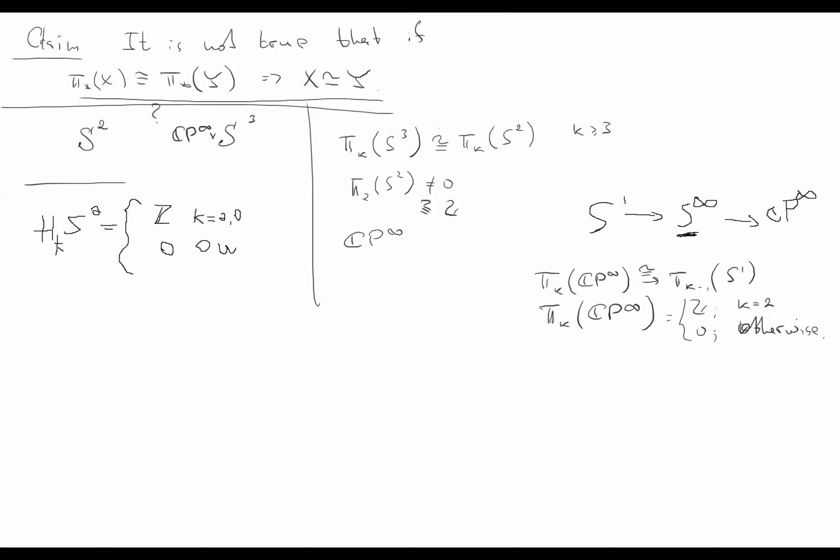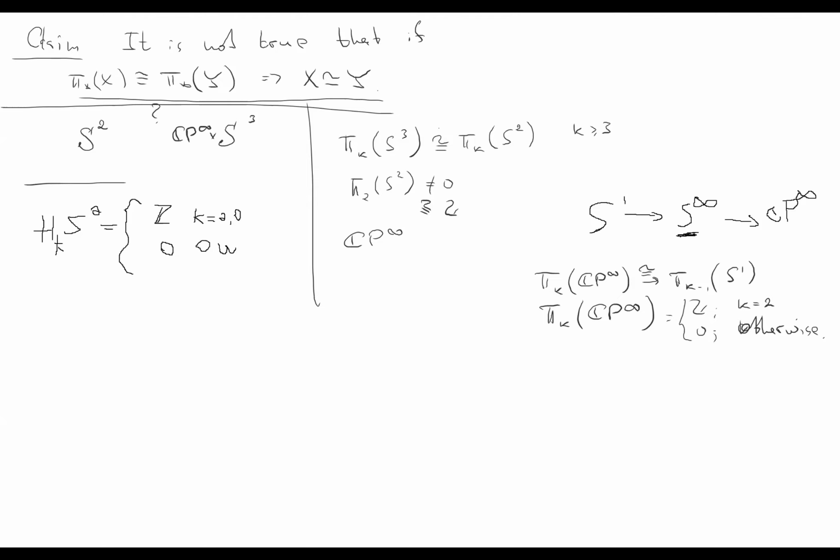Actually, it is almost obvious. Do you know the cellular structure of CP infinity? For example, we can start from CPn. It has a 2k cell for k from 0 to n.